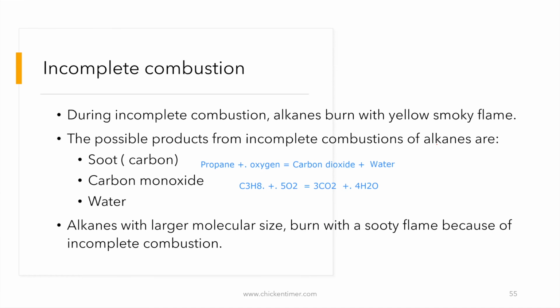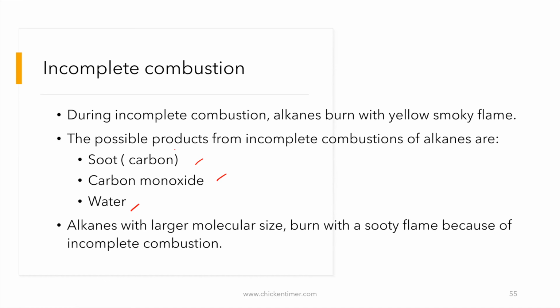Last section, incomplete combustion. In incomplete combustion, the alkanes will burn with a yellow smoky flame. Your products are not confirmed. You may get carbon monoxide and water. You can get all of them or only 2 of them.